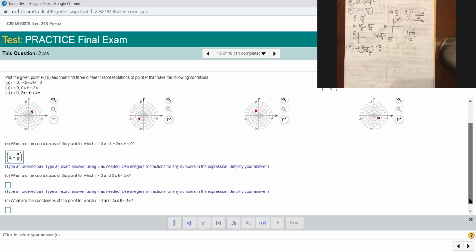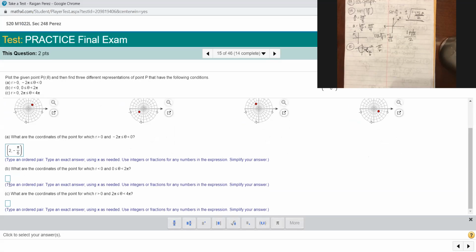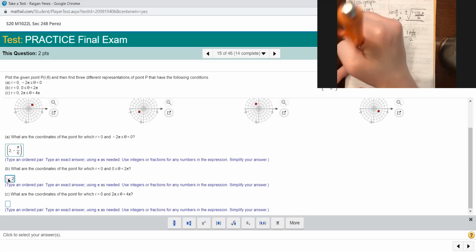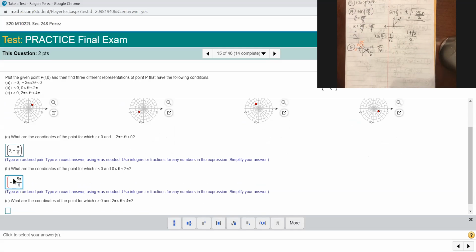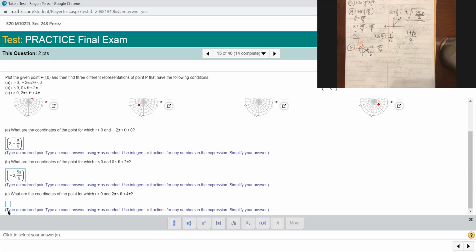Okay, scrolling down. B, when R is negative and your theta is positive. So now we have negative 2. And I'm now looking for the one that would be opposite right here. It's the pi over 6 angle right there. If this is 6, 1 less would be 5 pi over 6. So that answer, comma 5 pi over 6. And then finally again, R is positive.